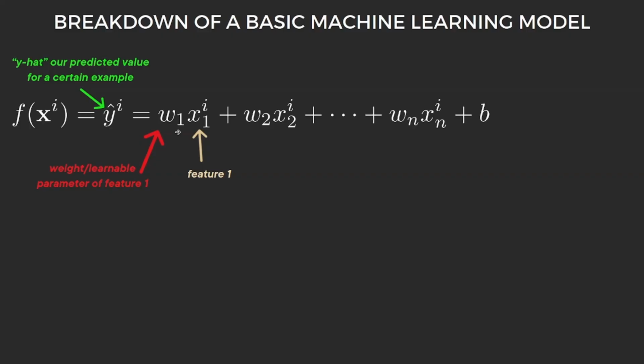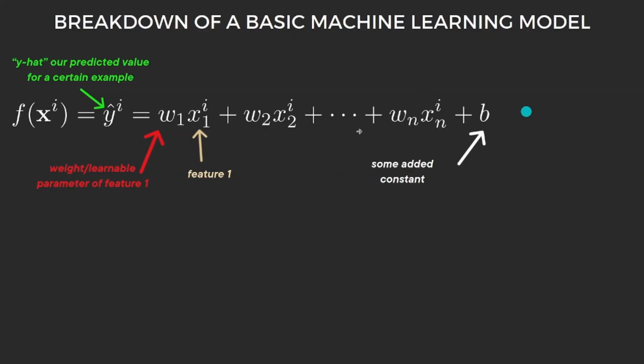The weight of the square footage would be how much money each square foot is worth. So if it's three, then we can assume that every square foot is worth $3 towards our final house price. Another example could be if feature two right here was the amount of rooms for each house, then the second weight would be how much each room is worth. So we can say like 1,000.